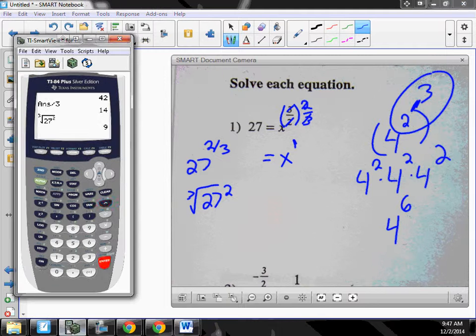So if I were to type in 27 and raise it to the 2 thirds, I should get 9. And I think that's the easiest way to do this, is just raise it to the reciprocal power. Now, remember, if your calculators don't lift up the exponents, but they use the caret button, you need parentheses. If you leave the parentheses off, you'll get the wrong answer.